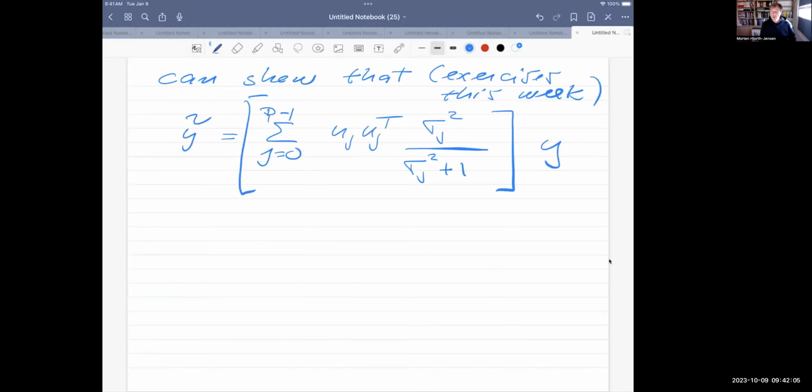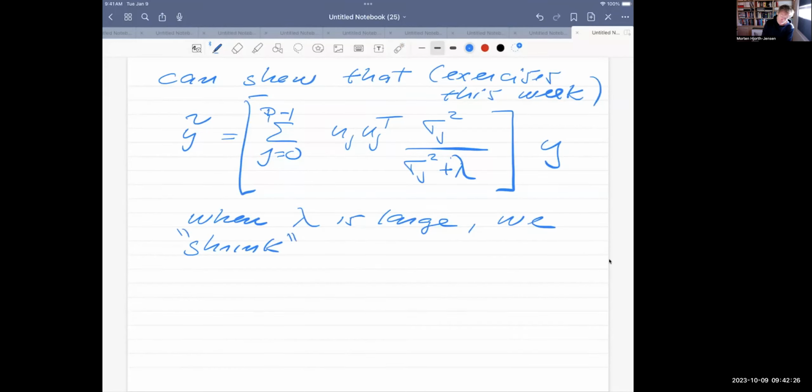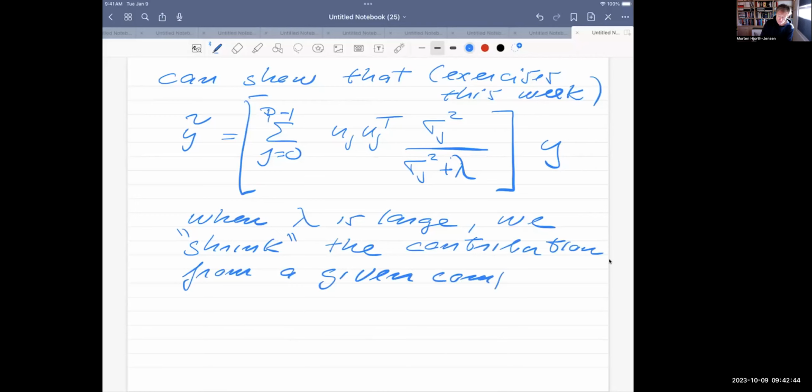So we see now that with this plus lambda in here, when lambda is large, we shrink the contribution from a given component j.